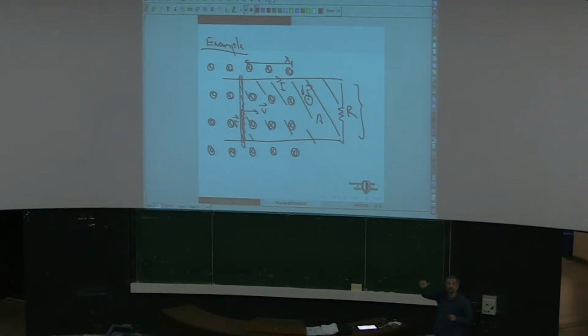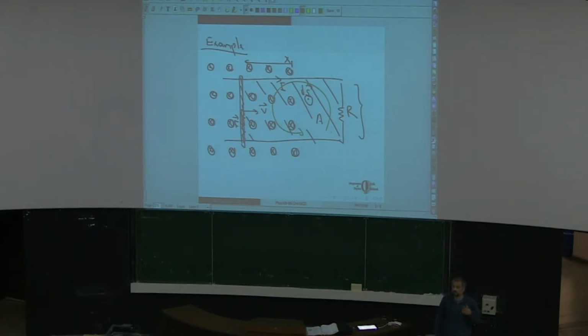So, since this is the direction of ds, this is the direction of your positive dl. So this is the positive direction of our circuit.